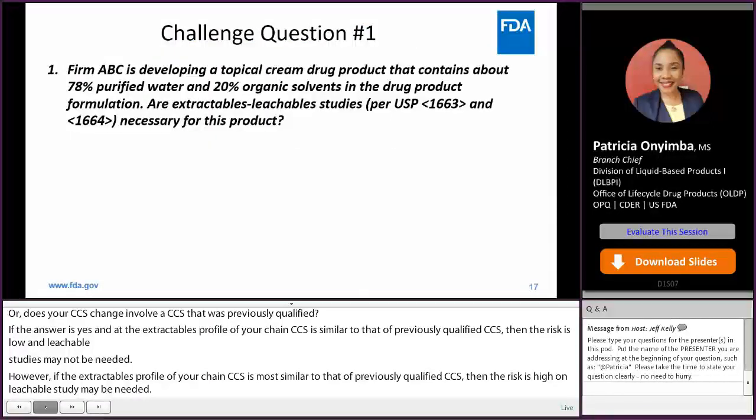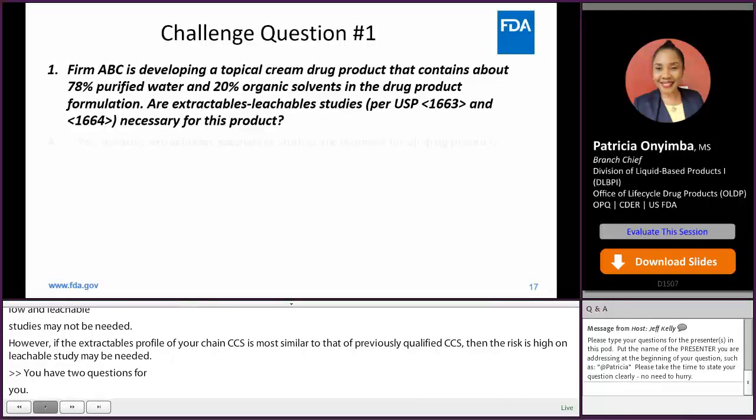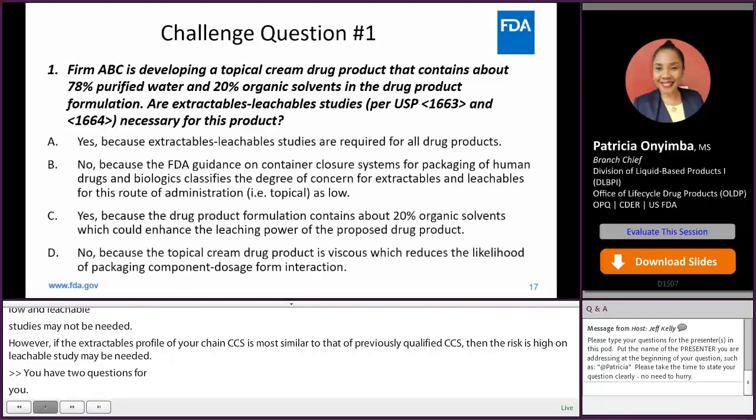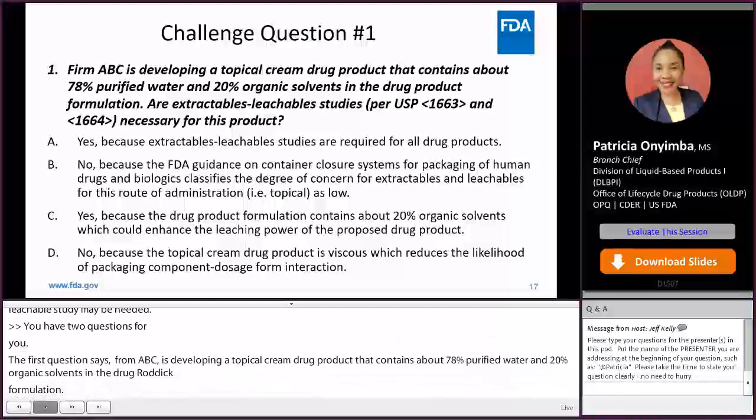So I have two challenge questions for you. And the first question says, a firm from ABC is developing a topical cream drug product that contains about 78% purified water and 20% organic solvents in the drug product formulation.